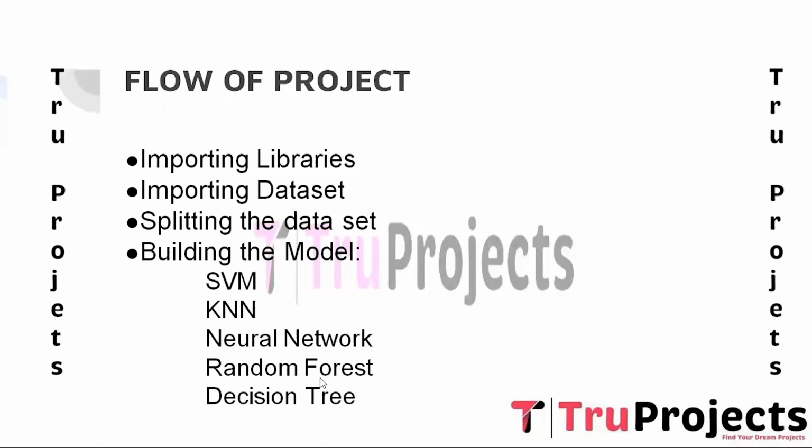It reduces overfitting and provides robust predictions. And the fifth one is decision tree. A decision tree is a tree-like structure that splits the data based on attribute values to make decisions. It is interpretable and easy to understand.